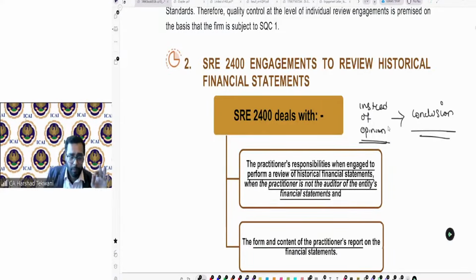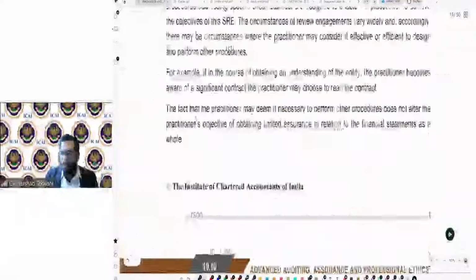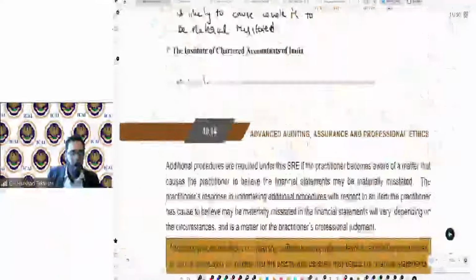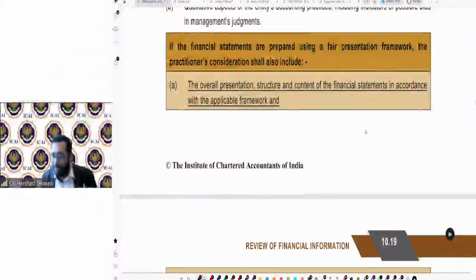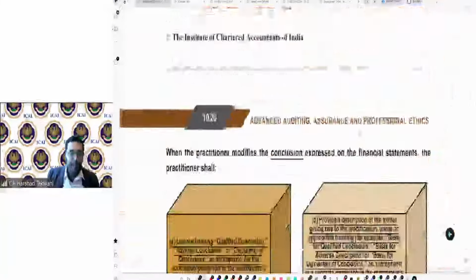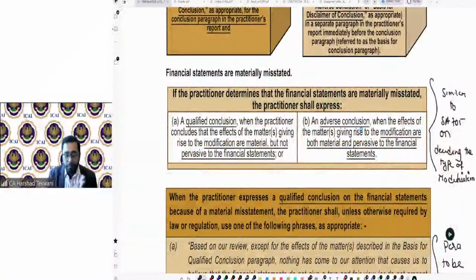Now why? The reason is pretty simple. Why are we not using the word opinion, and why are we using the word conclusion? The reason is negative assurance. By performing inquiry and analytical procedures, you cannot reach an opinion.